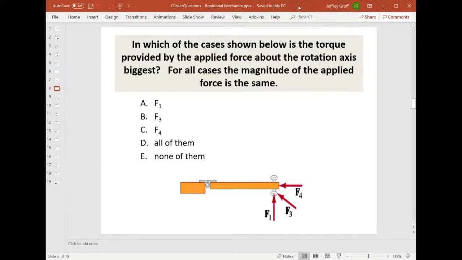In which of these cases, three forces, F1, F3 and F4, all these forces, so this is like the same person pushing three different ways on the same door, will the torque generated be the greatest?